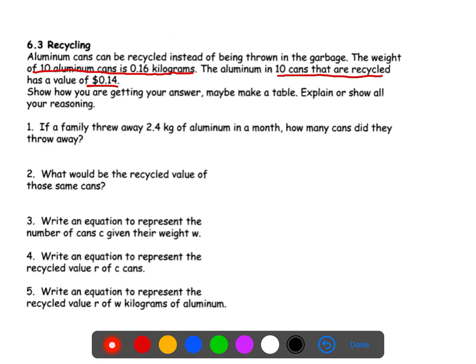Okay, to solve that, let's create a small table. So we're going to compare the cans, which we'll call C, to the weight, which is represented in kilograms. We're told originally that 10 cans has a weight of 16/100ths of a kilogram. Now, what we would also want to know is what 1 can weighs, our unit rate.